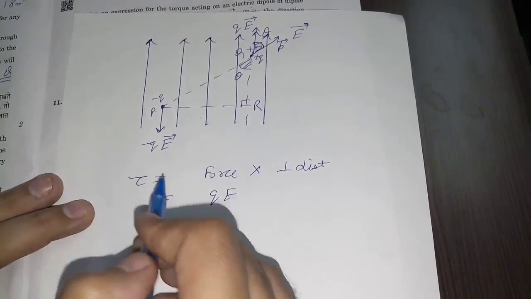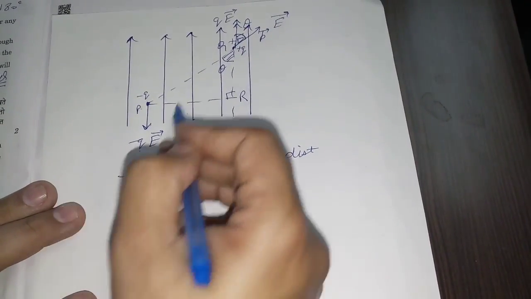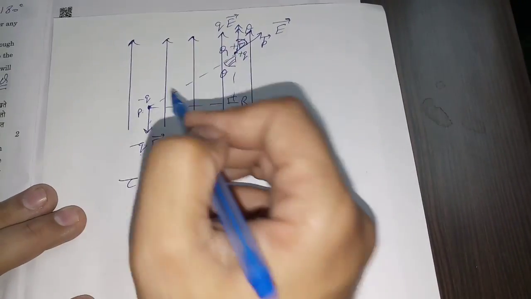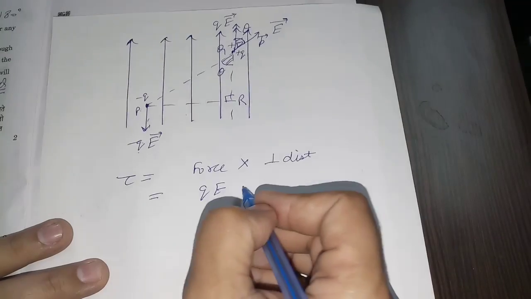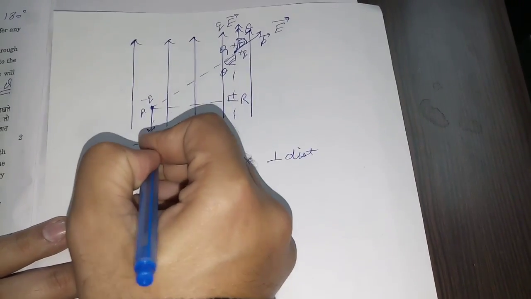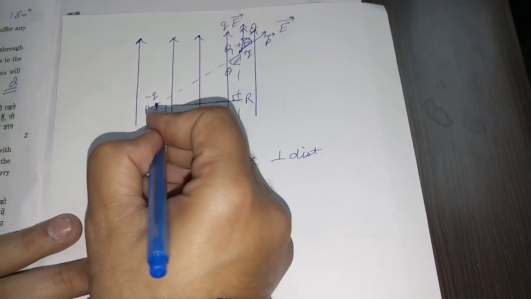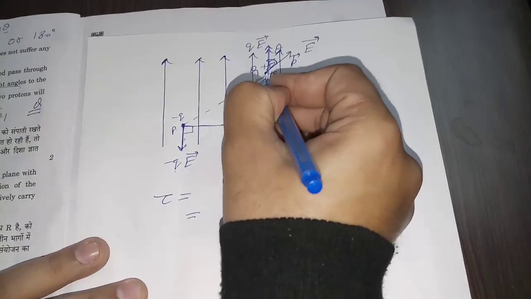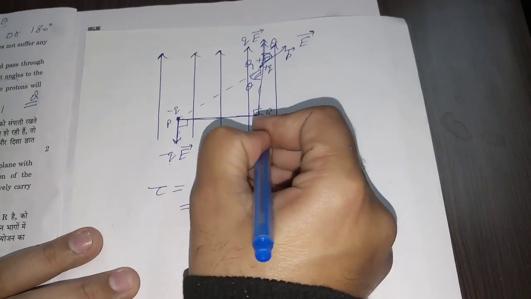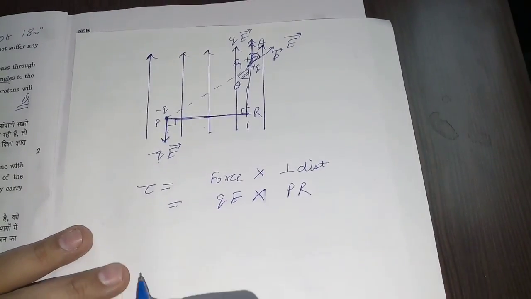The force which is coupled in this case is QE, because the equal and opposite force is acting, into the perpendicular distance of this force, PR. Either you take this force or you take this force, you get the perpendicular distance PR.